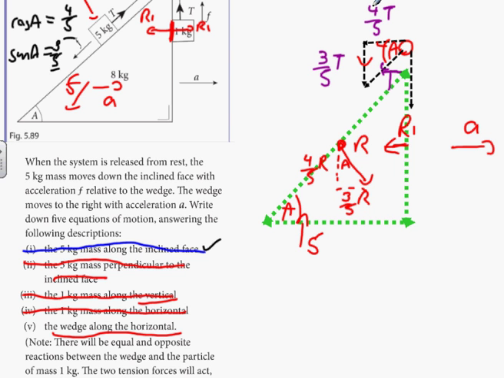Good? Now, F equals MA. A going to the right, F must also sum up to go to the right.